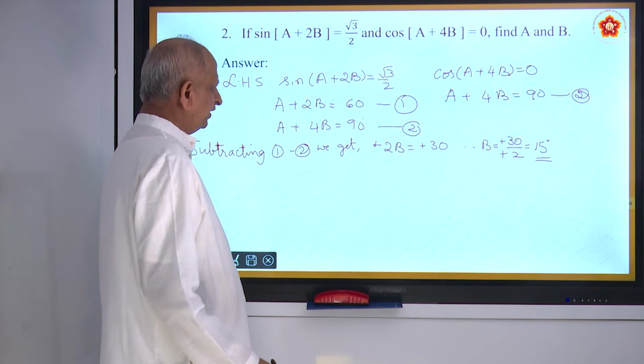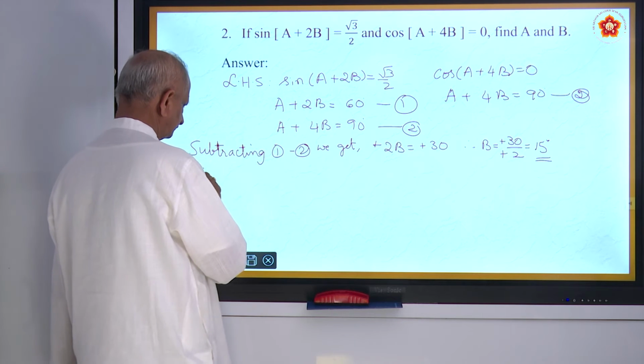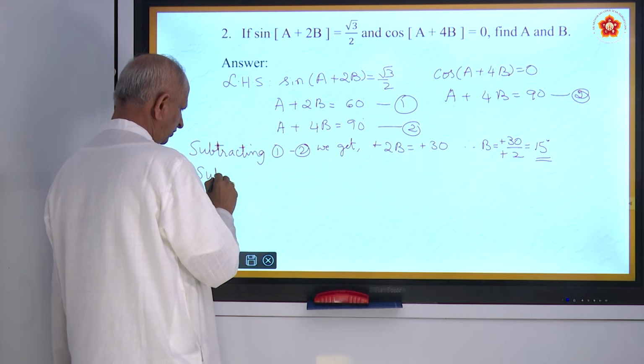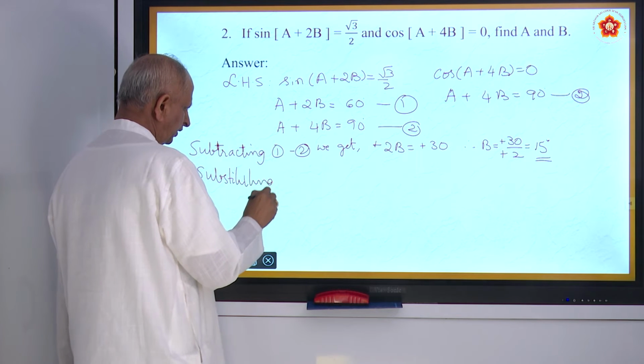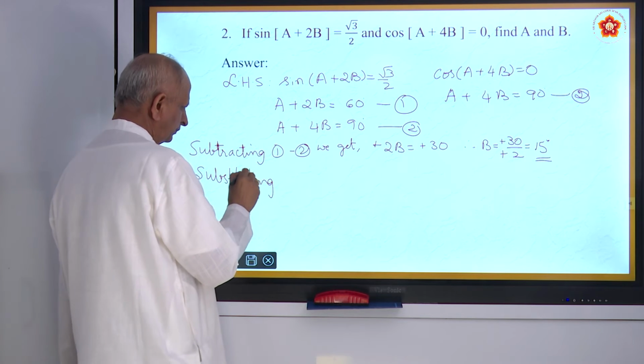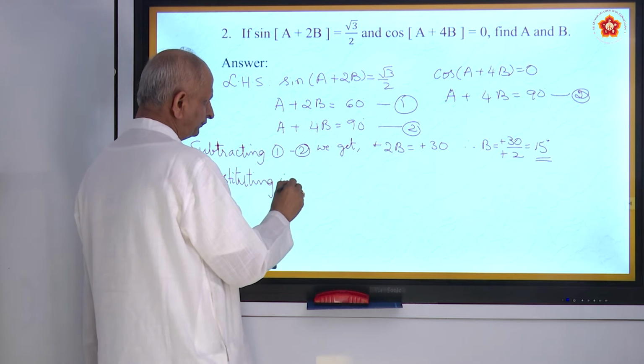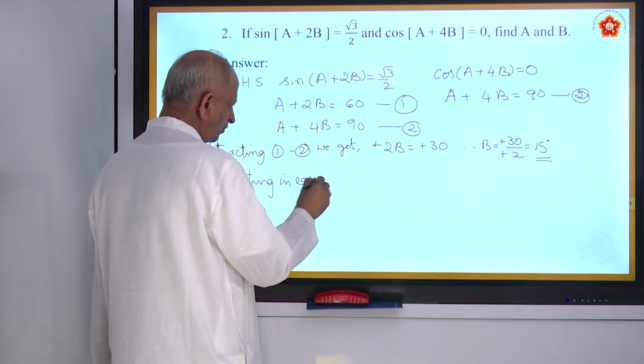And now substitute in equation 1 or 2, any one you can do.